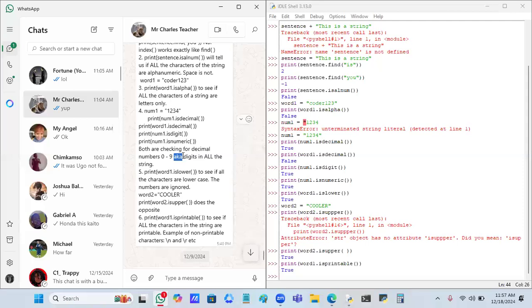Yes, even images. Okay, so we're talking about strings now. Code 123 will show on paper, isn't it? Yes. What about cooler? Yes, cooler will also show. Now, let's think of some that will not show.